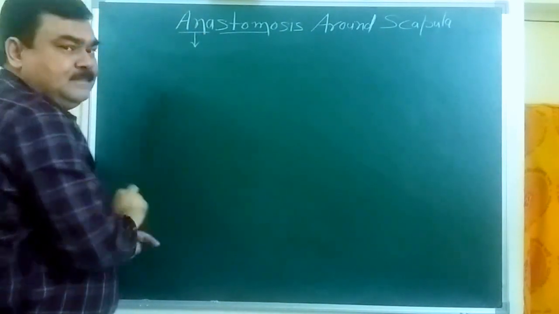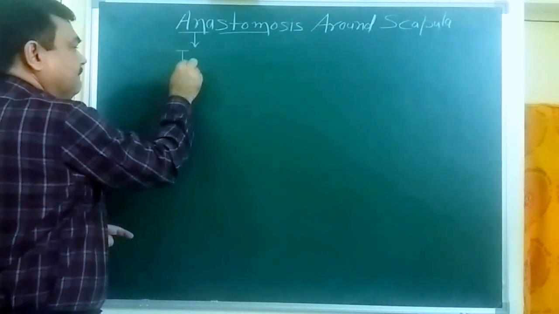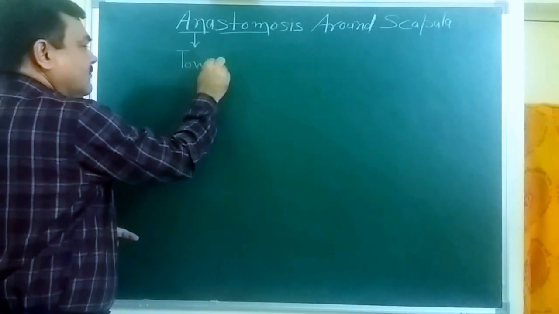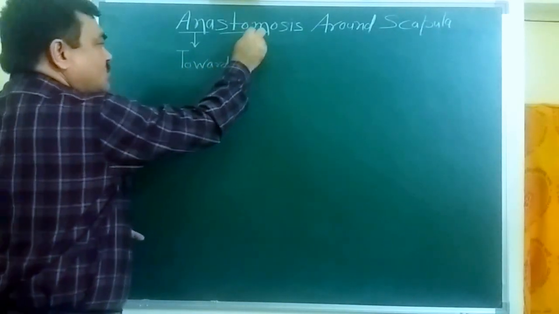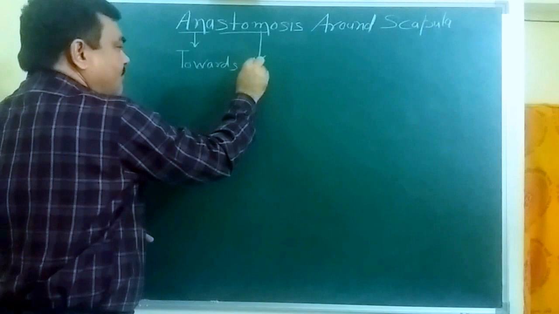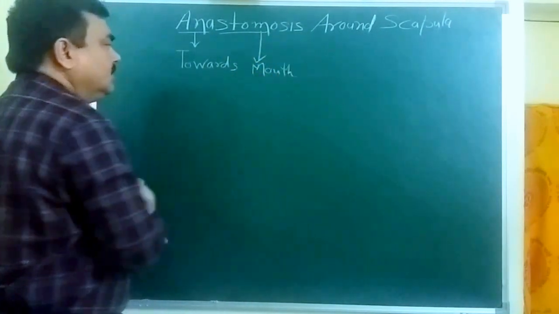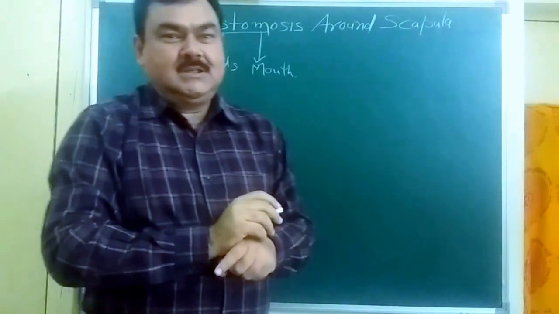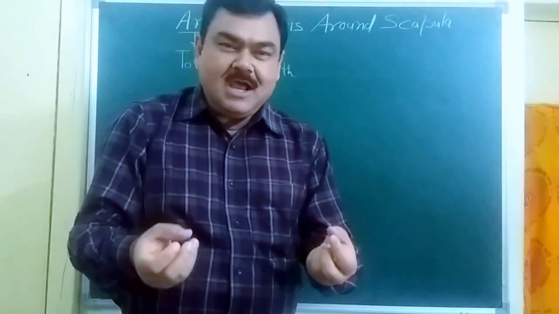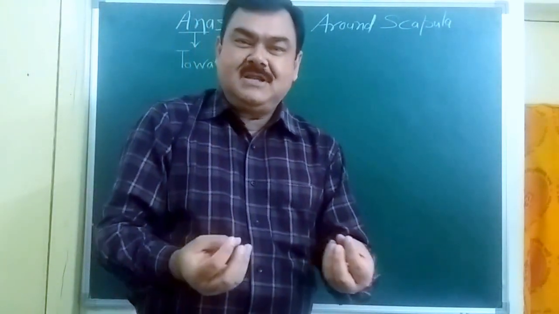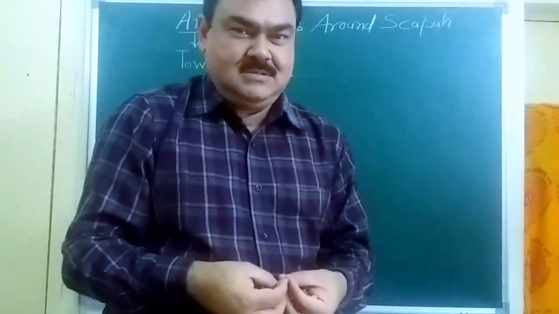Ana means towards. Stoma means mouth. Towards mouth, that means joining of structures mouth to mouth.